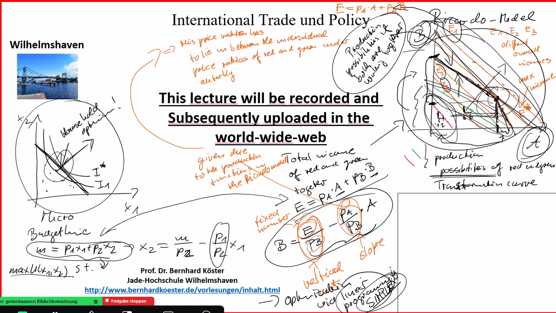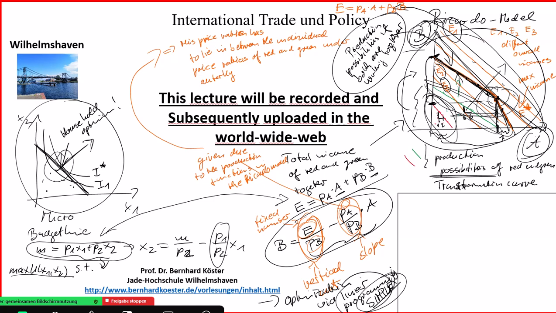And then you think, well, this one in black, sorry, this is the production possibility frontier. And then we just think in terms of maximizing income given the aggregated production possibility. We want to move our income line E as far outward as possible.